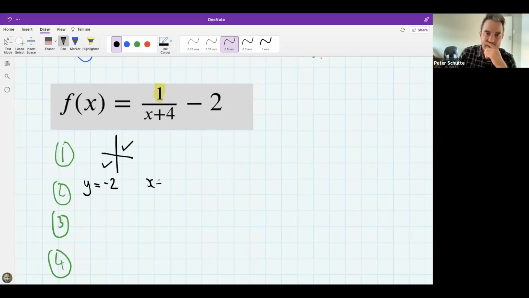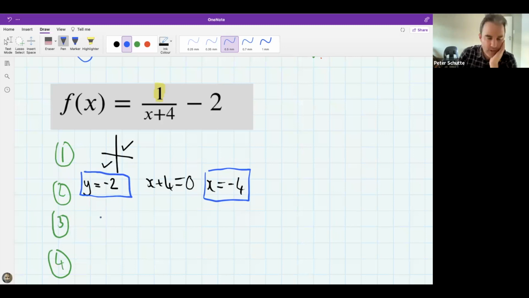So I know that this thing has to equal 0, and so x equals -4 must be my other asymptote. So those are my 2 asymptotes. Now I need to find my y-intercept and my x-intercept.